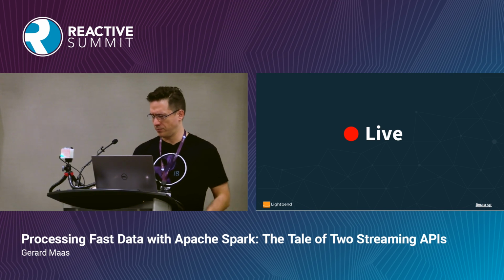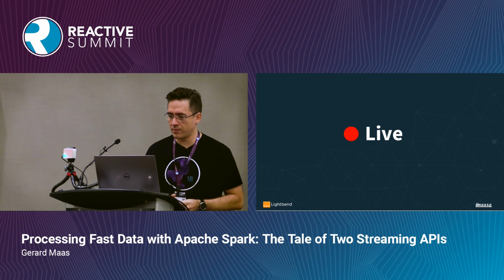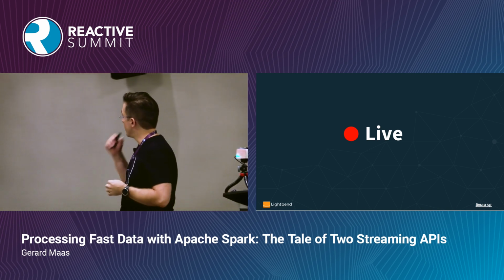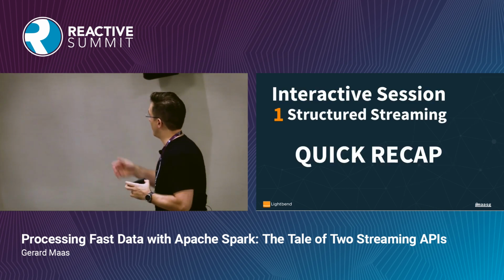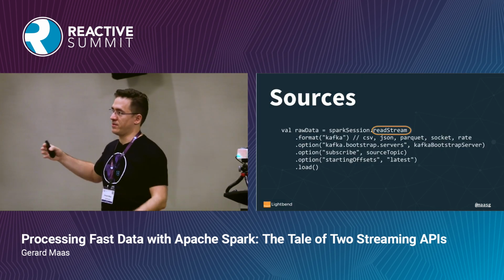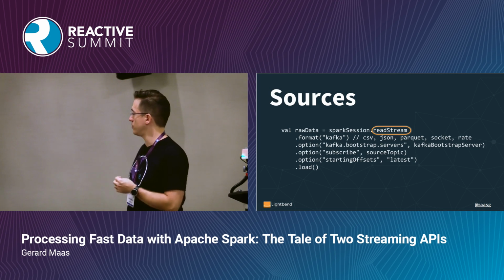Very quick, and have a look at what we just learned. First, the streams are created using the Spark session and the readStream function. That readStream gives us access to all the available sources that are out there today.